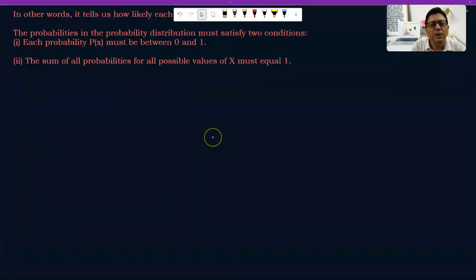Clear? Now suppose the random variable x takes values x1, x2, x3, ..., xi, ..., xn this way. These are values of random variable x.